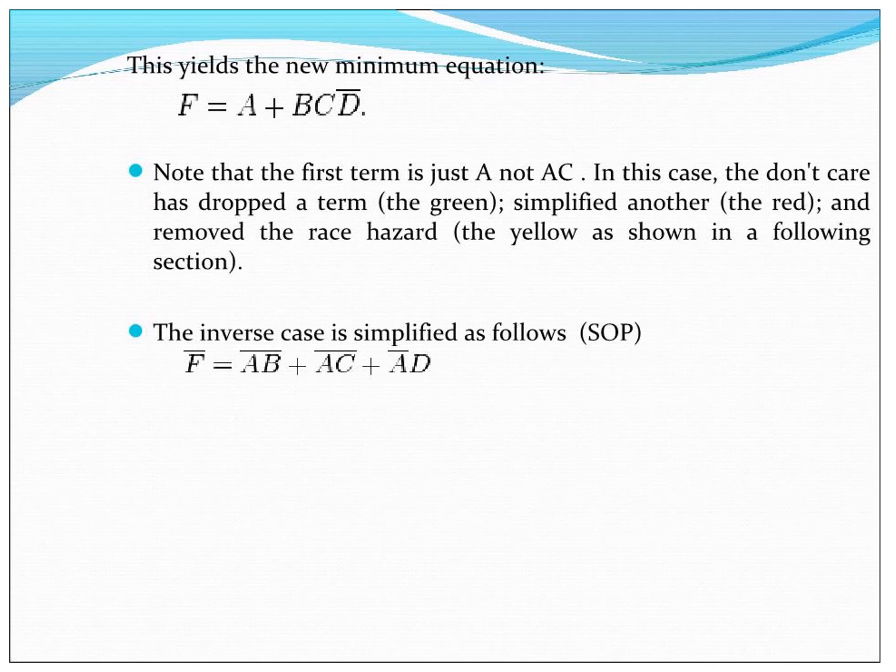Note that the first term is just A, not AC. In this case, the don't care has dropped a term, simplified another, and removed the race hazard, the yellow one as shown in the figure. The inverse case is simplified as follows: SOP.